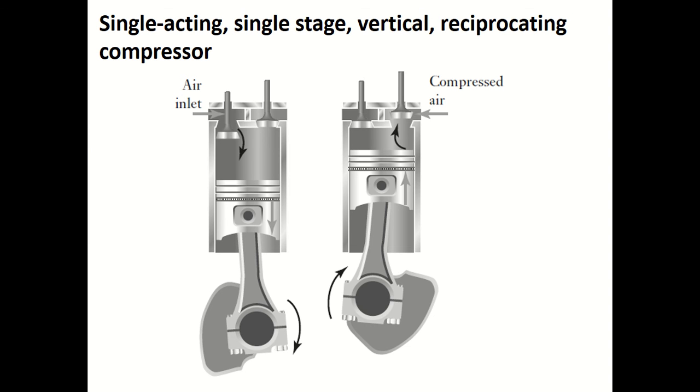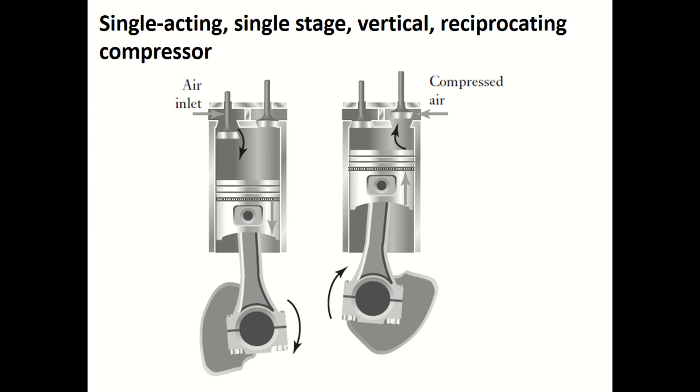Generally, for the production of compressed air in most pneumatic systems, two or more stages are used. Normally two stages are used for pressures up to about 10 to 15 bar, and more stages are required for higher pressures.